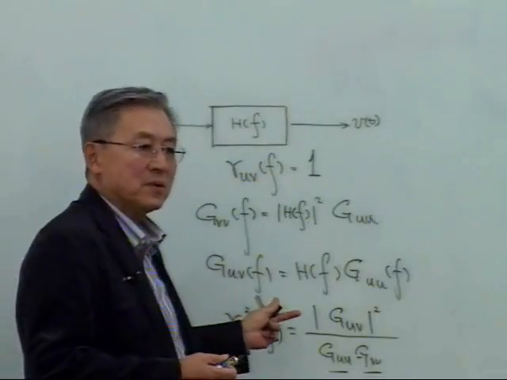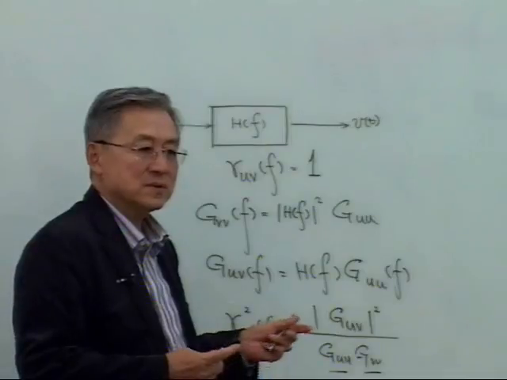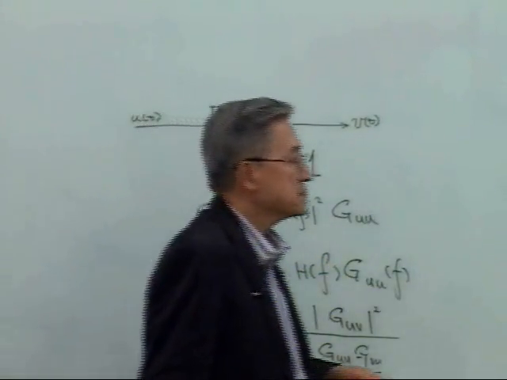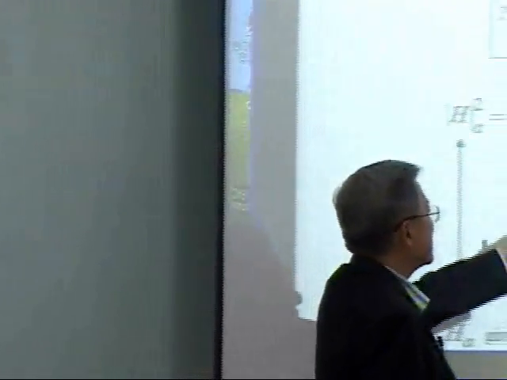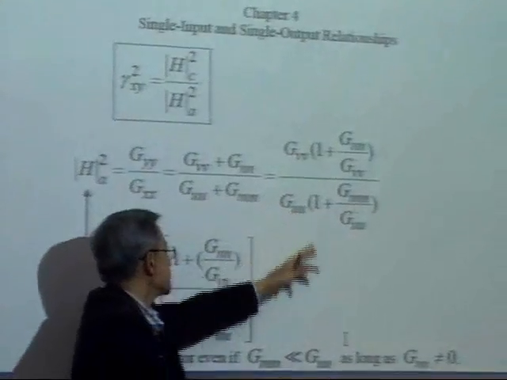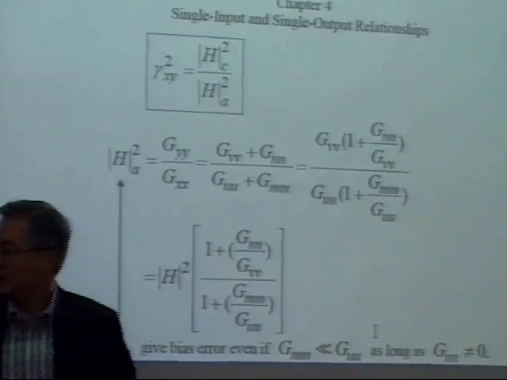If you don't know this, then you're out. So G_UU over G_VV over G_UU is H absolute square, right from here.